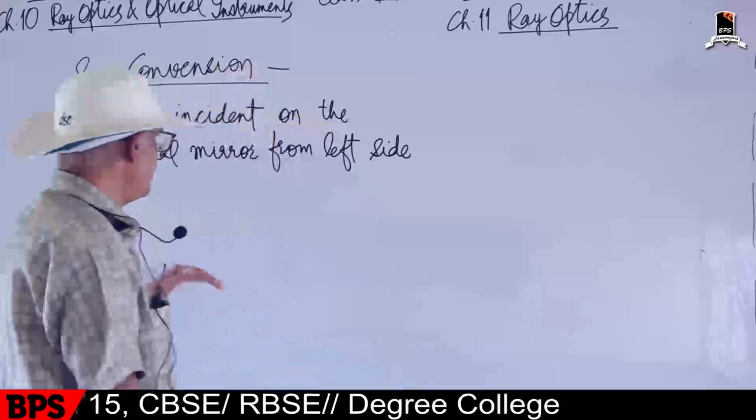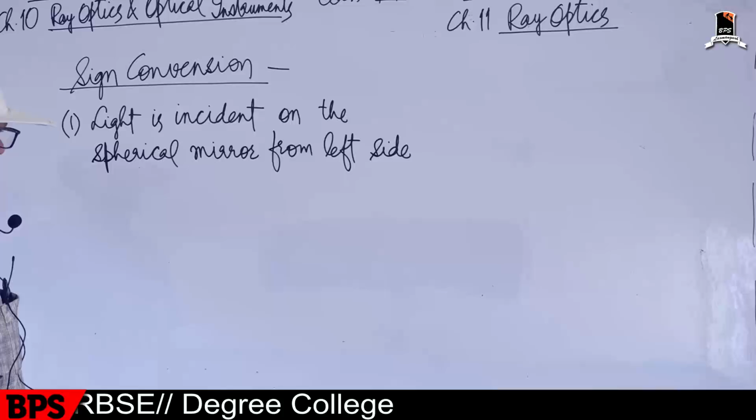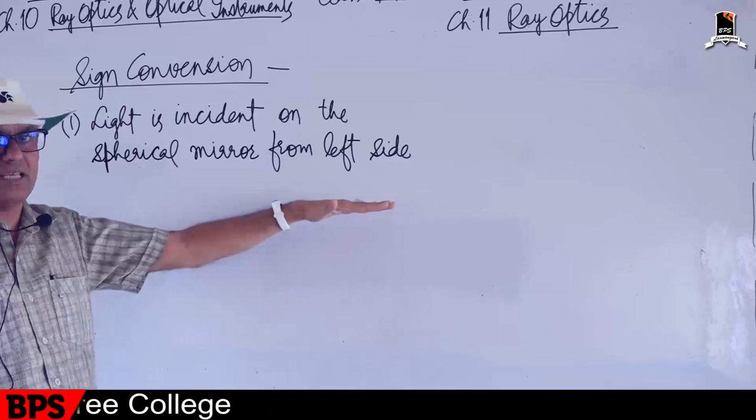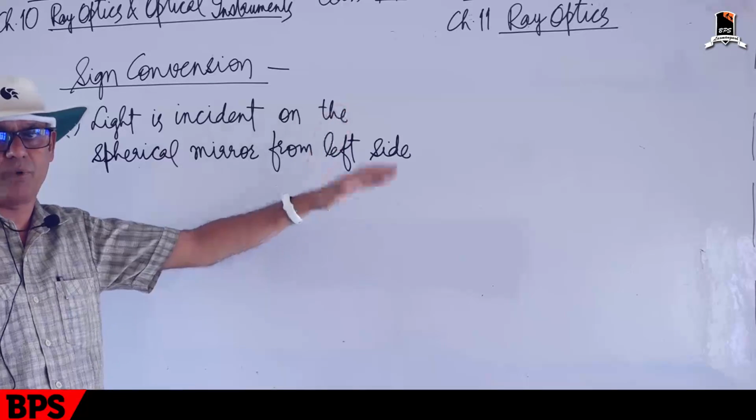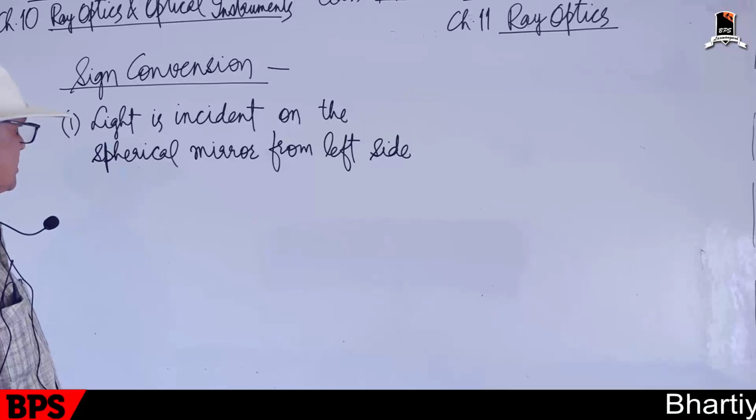Means light is coming from the negative x-axis and moving towards the positive x-axis.